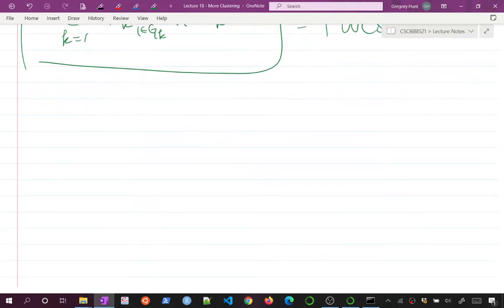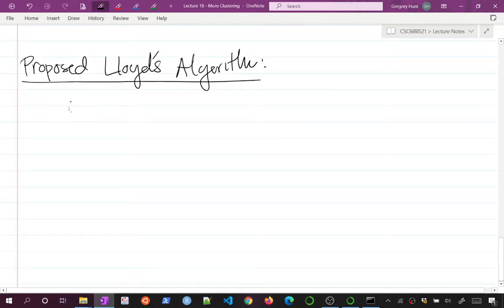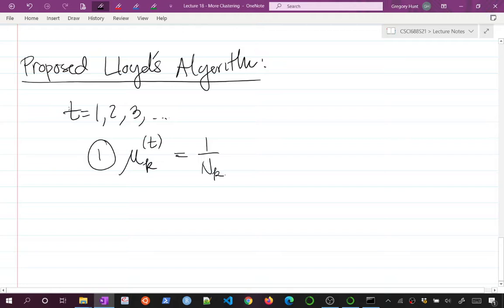And our proposed algorithm, Lloyd's algorithm, and I won't write it out in full detail, but basically Lloyd's algorithm said that I iterate over some index, let's call it t: 1, 2, 3, etc. On my first step, I update some mu for each of my groups, so mu k at time step t is just going to be 1 over the number of things in group k times, basically the mean of the things in group k.